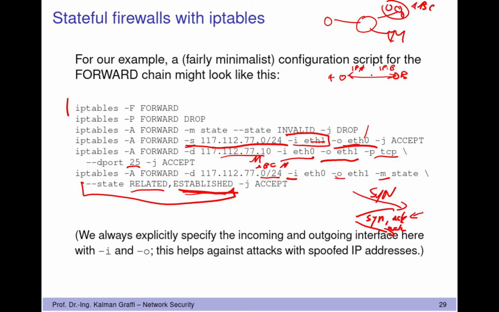And if somebody would claim to be Alice and send out "I'm Alice", so the source IP of Alice, and this is sent to B, then B still replies to Alice.